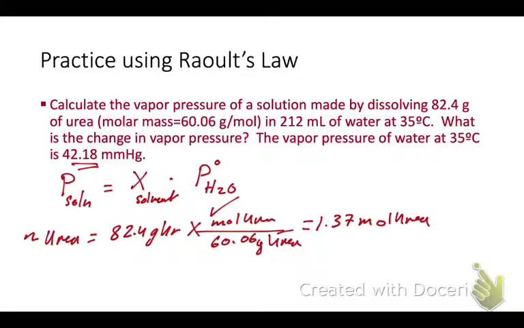Now, how many moles of water do I have? I have 212 milliliters of water, and I'm going to convert that into mass using the density of water.